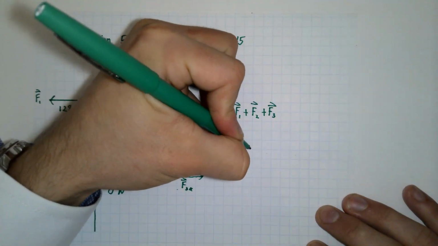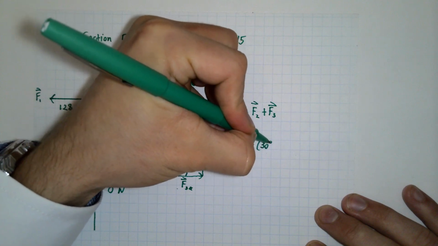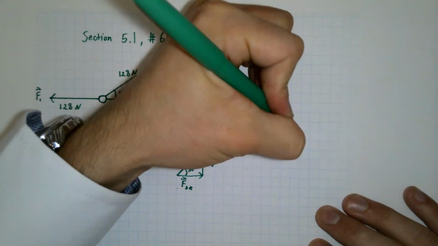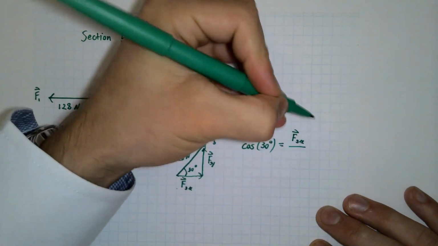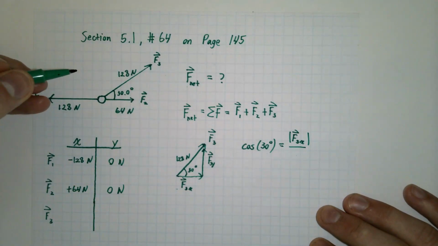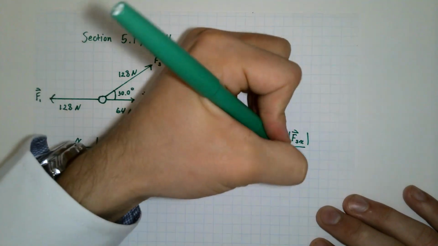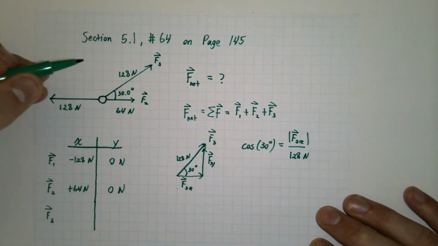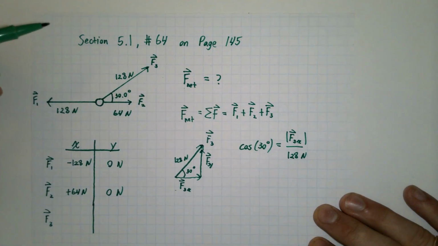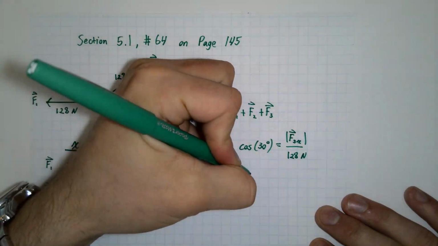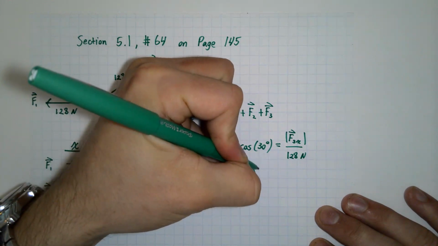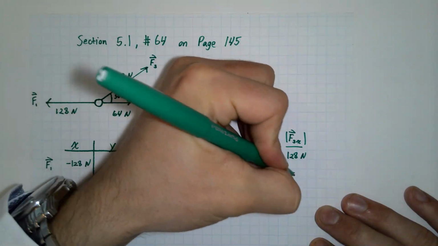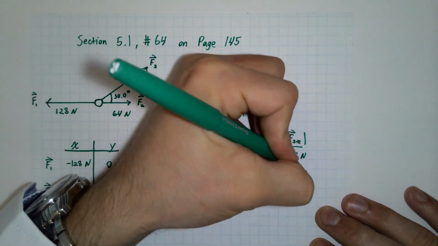So I know that the cosine of 30 degrees is equal to the adjacent side, so the force in the x component of the third force, and then the 128 newtons is my hypotenuse. Rearranging this equation, multiplying by 128 newtons, and the cosine of 30 degrees isolates our x component of the third force.